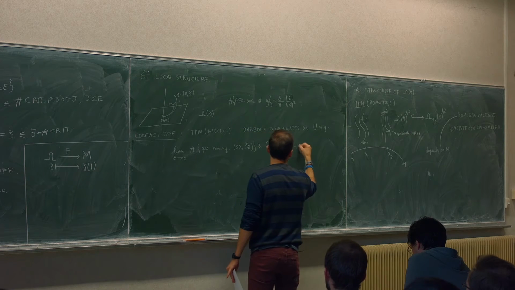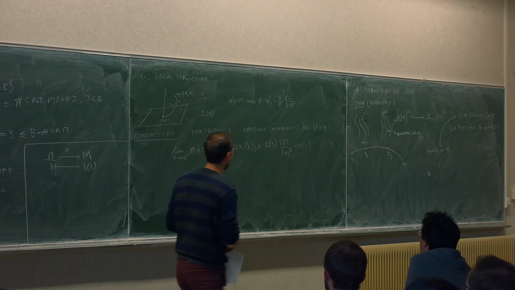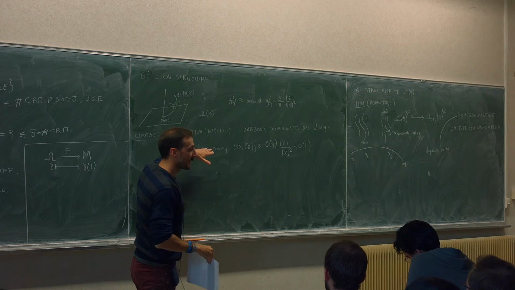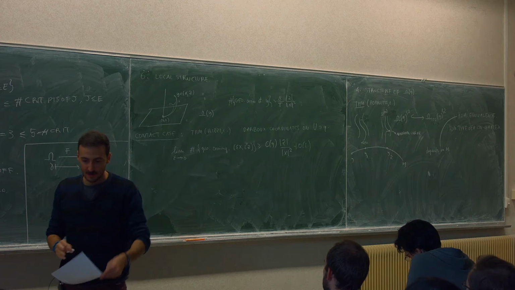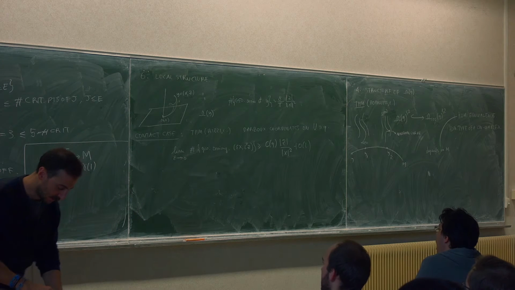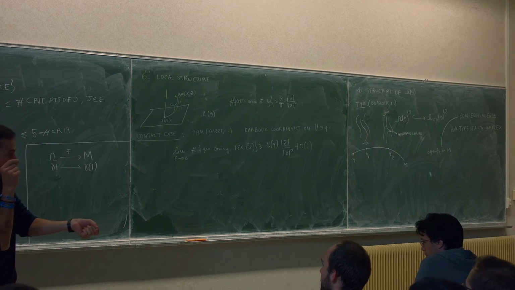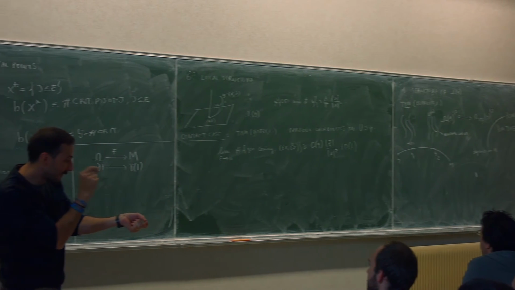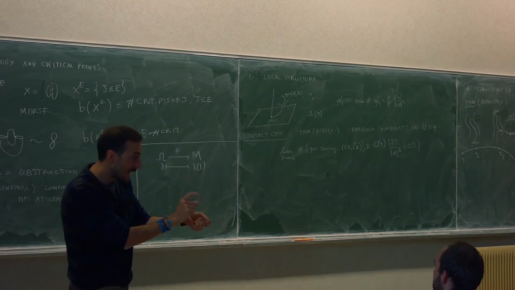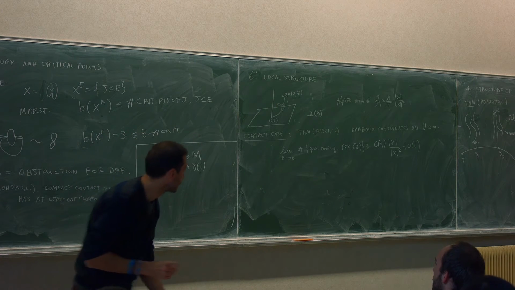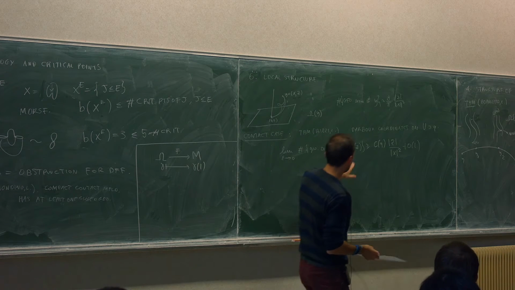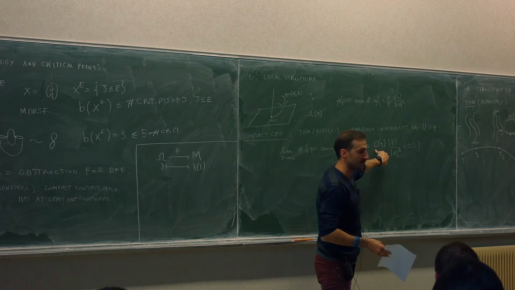Maybe plus big O of 1. So it means it's a general fact that, at least in the contact case, you can take a point and another point, make the second point arbitrarily close to the first one, and the number of geodesics between the two of them grows unbounded, okay? And you can actually control from below the rate of growth of this number of geodesics, okay?